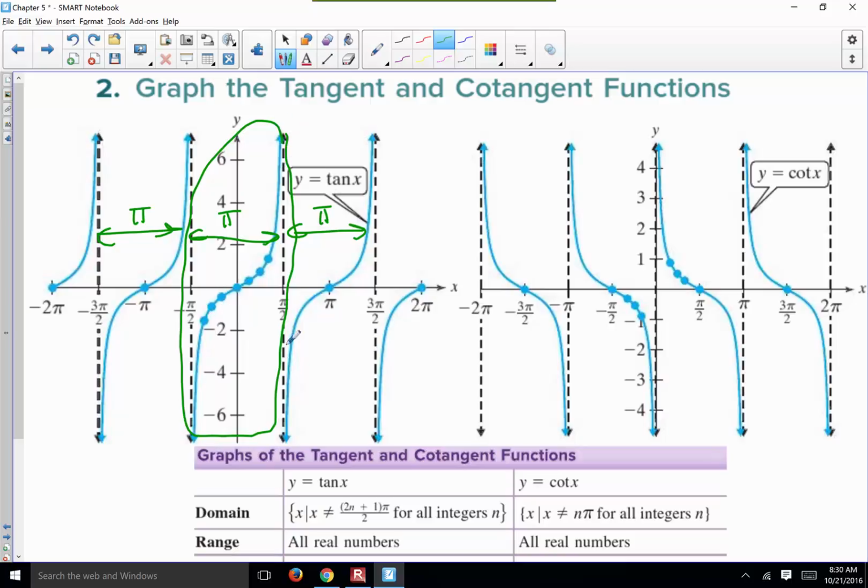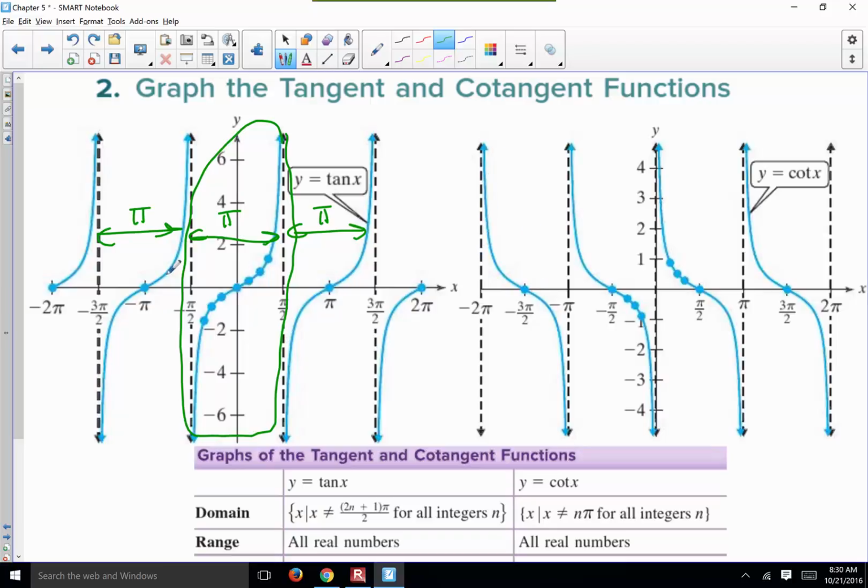From left to right, it's increasing, going up, going up, going up. And at every odd multiple of pi over 2, you have an asymptote: pi over 2, 3 pi over 2, 5 pi over 2, 7 pi over 2. At every pi over 2 distance, you have an asymptote.